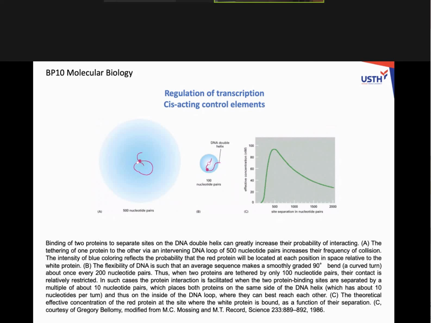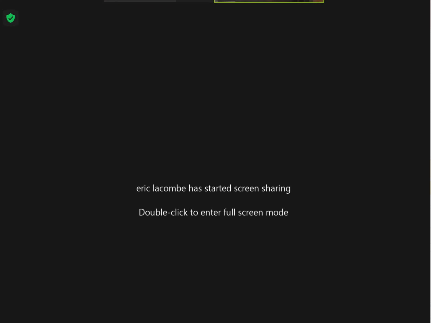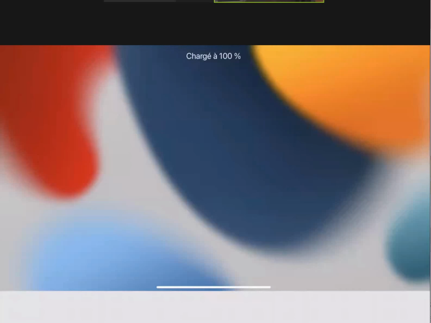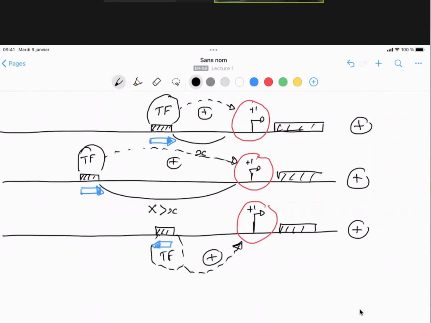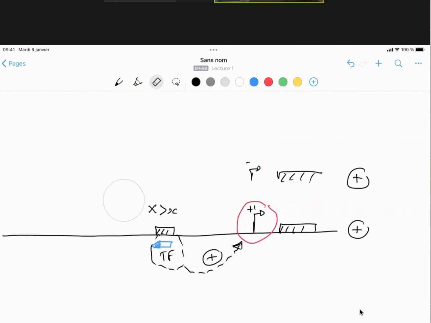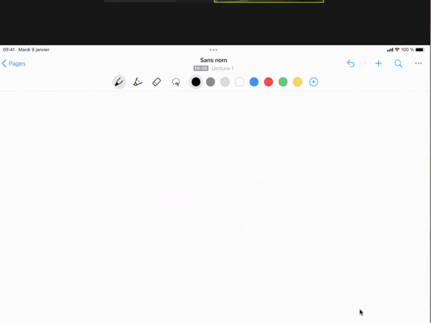Okay, I'm going to draw something. It will be easier to understand. When you decrease the distance between two factors, first situation, we've got one element here, and the other one is separated by 500. So this is the maximum.